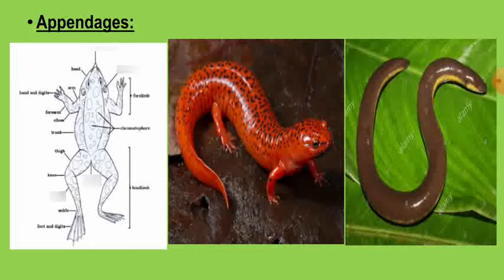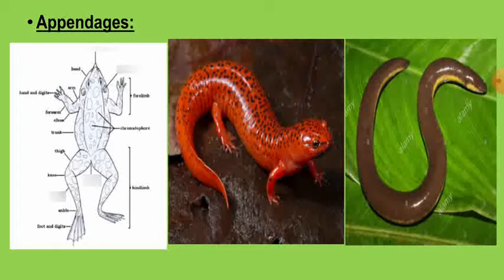In the center there is a red salamander, and last there is the ichthyophis. Here two pairs of limbs are present, having pentadactyl, that is 4 to 5 or fewer digits.